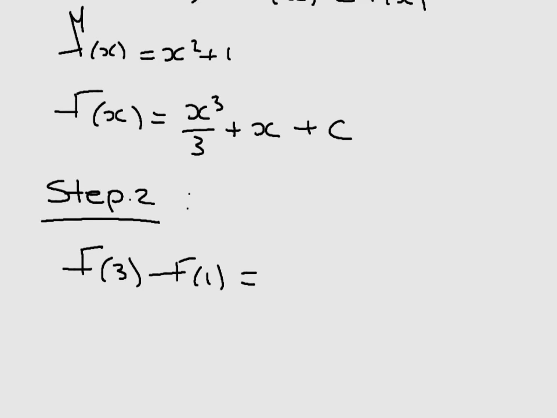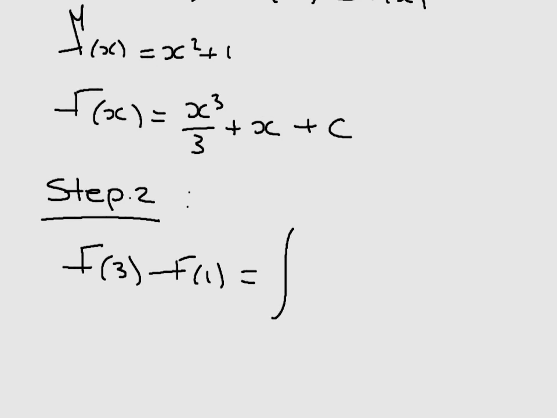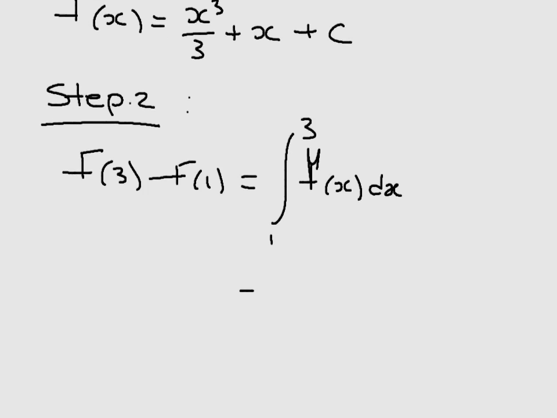And this is equal to the definite integral between 1 and 3 of f of x dx. In other words, that's equal to the definite integral between 1 and 3 of x squared plus 1 dx.